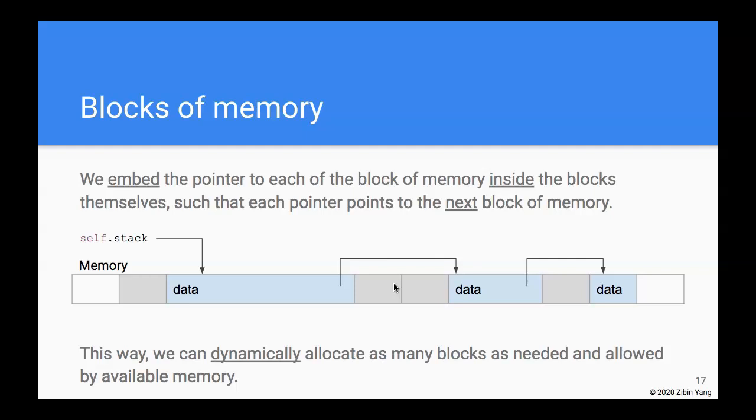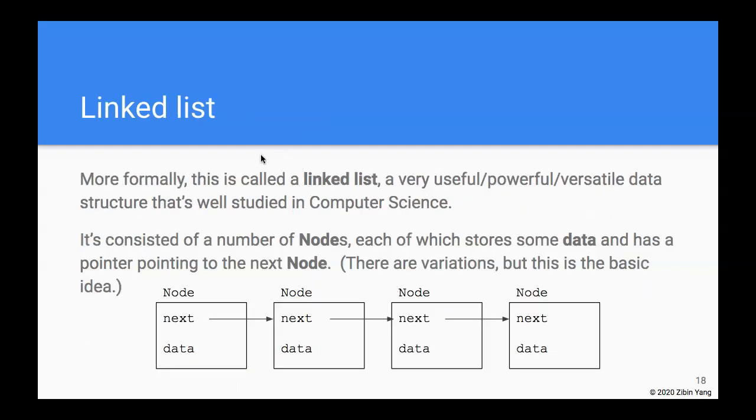So at a logical level, and more formally, this is what's called a linked list. And it's a data structure that is very, very useful, very flexible, and very well studied in computer science. As a matter of fact, there are computer languages that are based on the idea of linked lists.